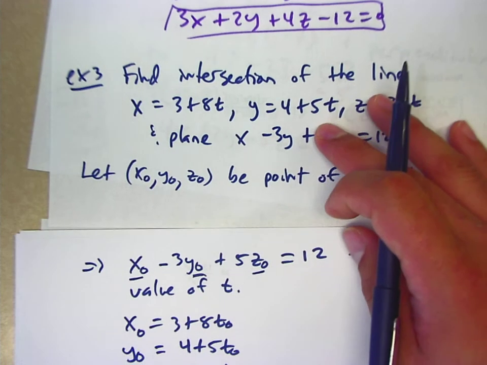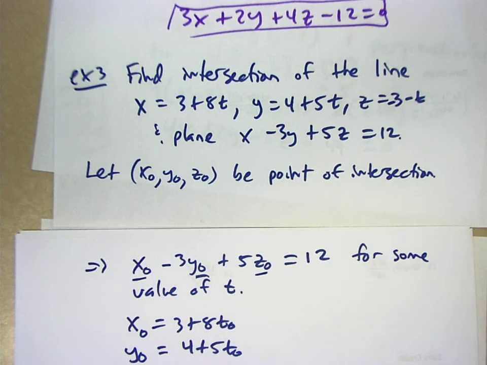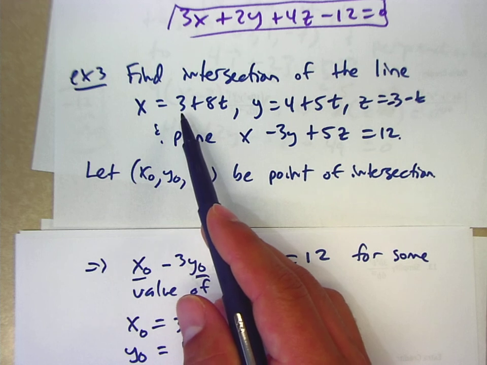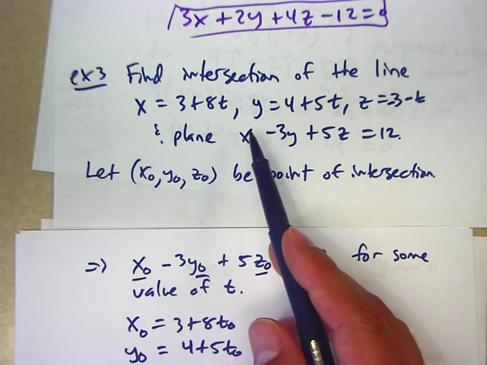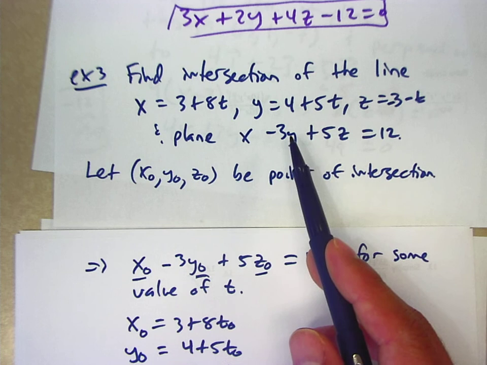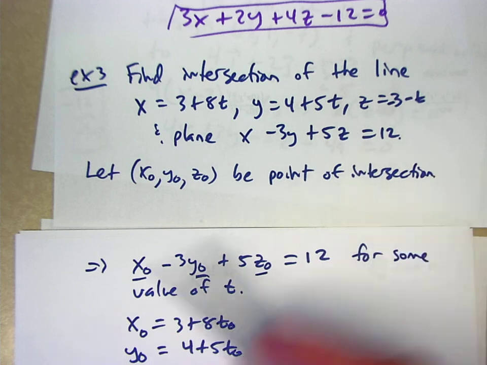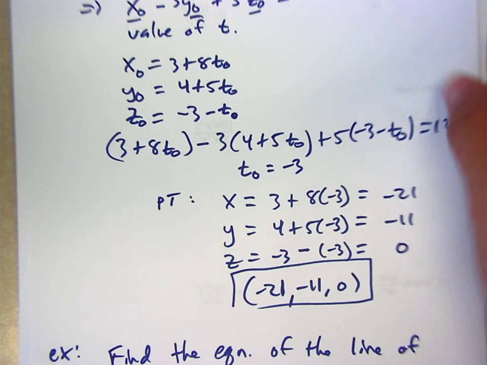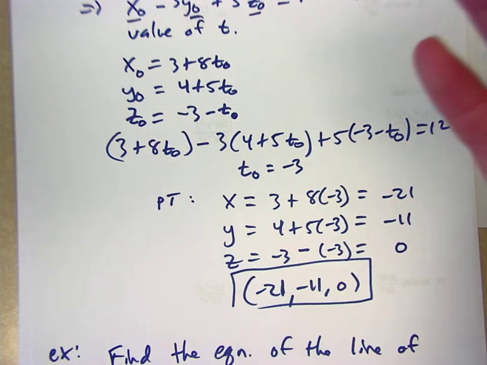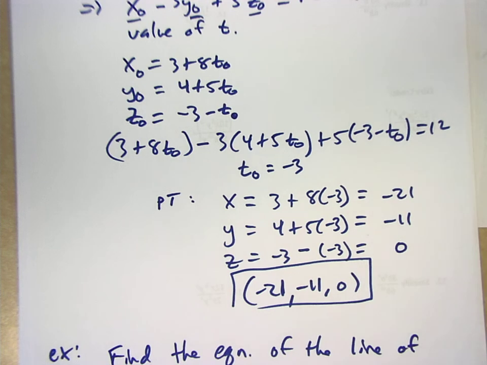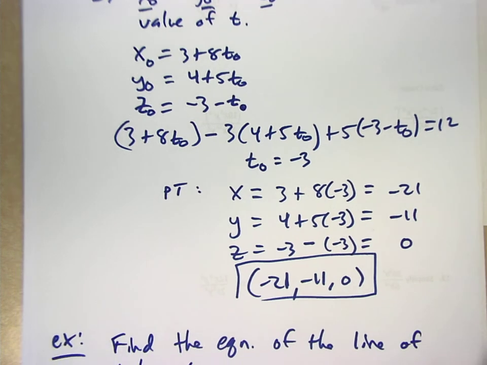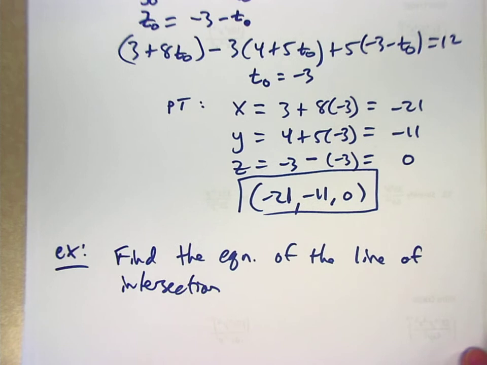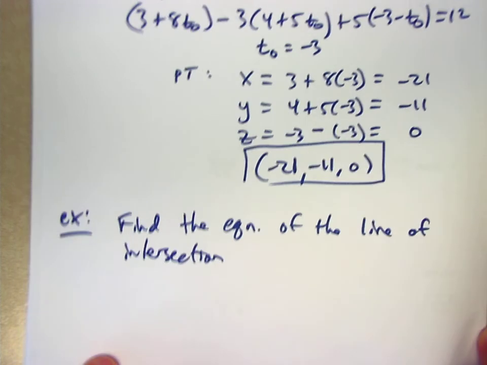You could have literally just gone back in and said, okay, if this is x, I'm going to put that in there. If this is y, I'm going to put that into the y. And if that's z, you put that in there. You get your t value, which is obviously negative 3. And then you can just replace back into the parametric equation of the line to figure out what point the solution is going to be. Okay, so that's probably what you will end up doing.